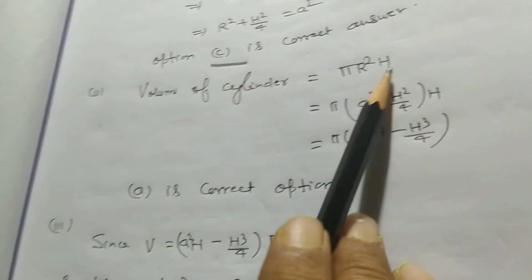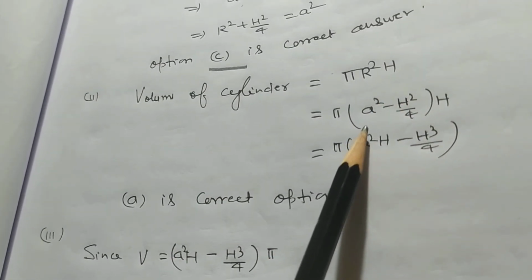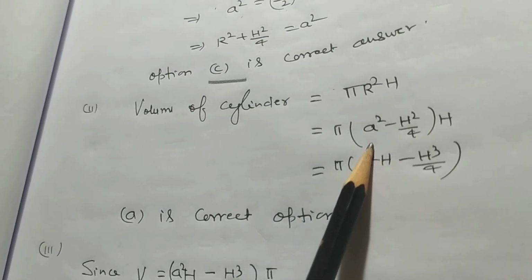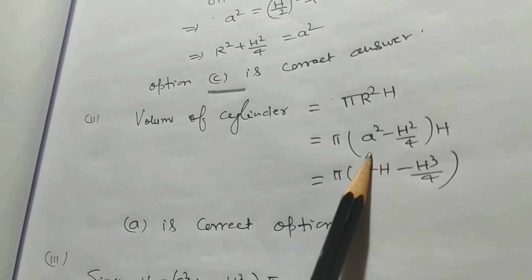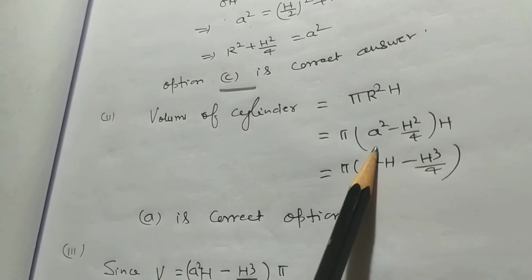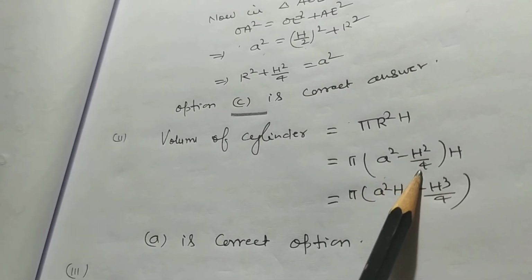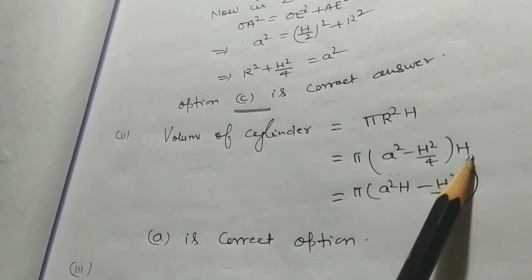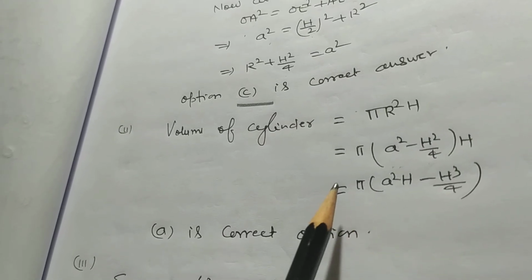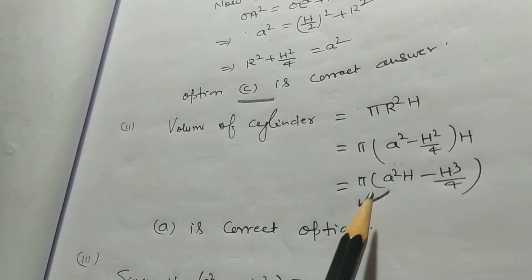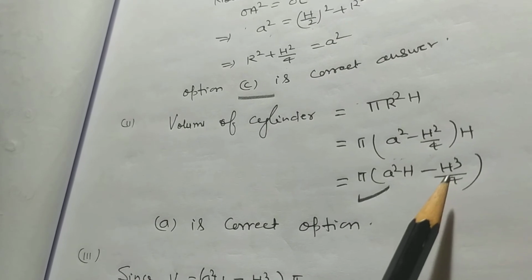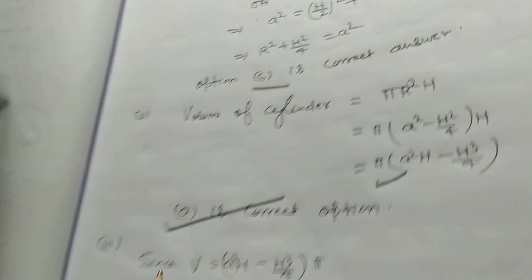Volume of cylinder is equal to pi R square H. And we put the value of capital R. Capital R square is equal to A square minus H by 2 whole square, that is A square minus H square by 4, into H. So volume of cylinder in terms of H is pi A square H minus H cube by 4. So A is the correct answer.